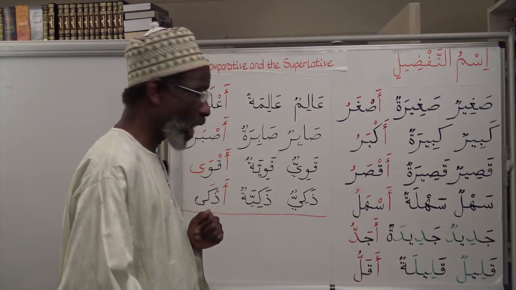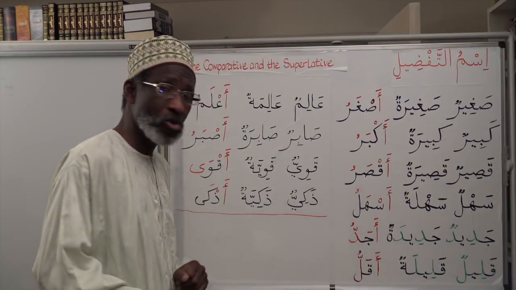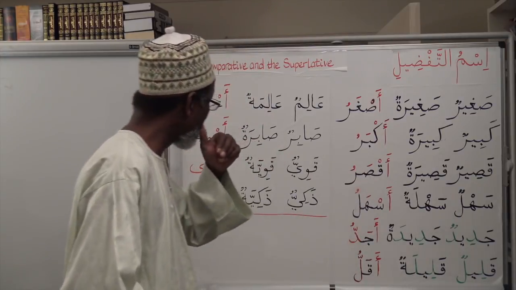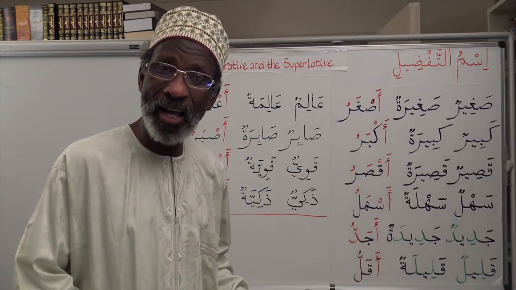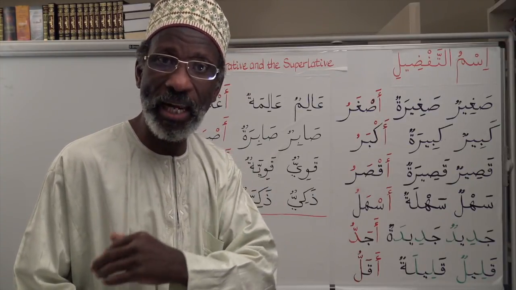Now let's look at another category of adjectives. Here we have qawiyun. What's different between this and the previous group is that the third root letter is ya. In that case, that ya becomes alif maqsura in the elative form.